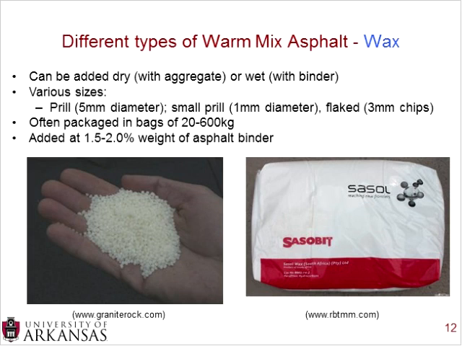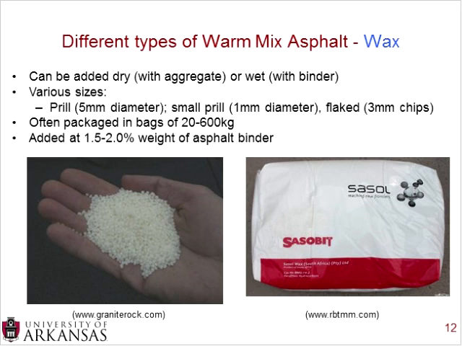There are various sizes of these wax pellets. You can either have a prill, which is approximately 5 millimeters in diameter, small prill, which as indicated is smaller than a regular prill, approximately 1 millimeter in diameter. And also you can have flaked chips, which are approximately 3 millimeters long, but they're not a circular or spherical shape, they're more of a flaky shape.